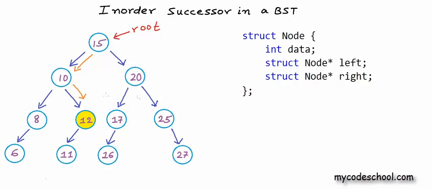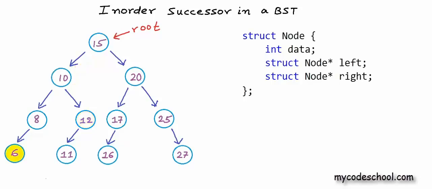If we walk the tree from root to the given node, we will go through all the ancestors of the given node. In-order successor would be the deepest ancestor in this path, for which given node would be in left subtree. 12 has only 2 ancestors. We have 10, but 12 is in right of 10, and then we have 15, and 12 is in left of 15, so 15 is my successor.